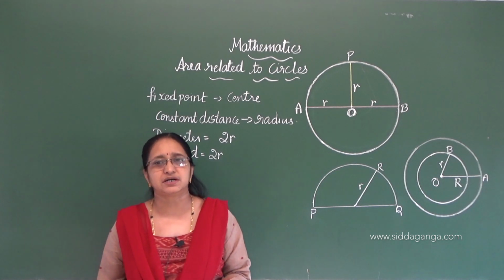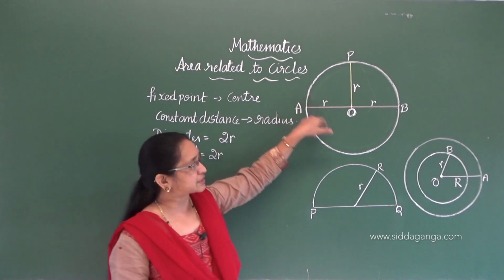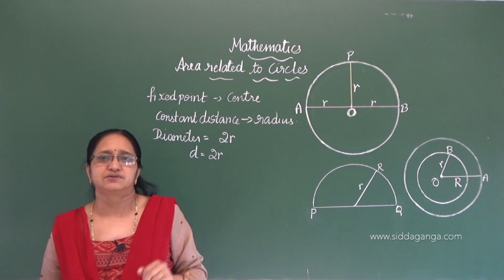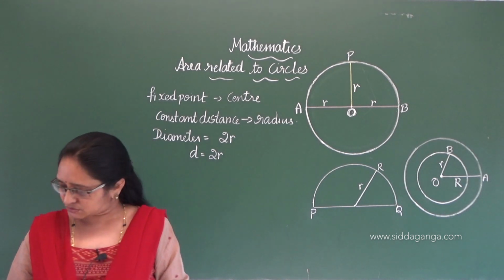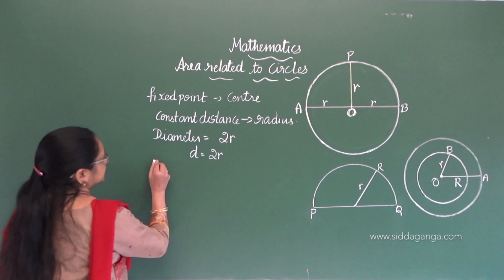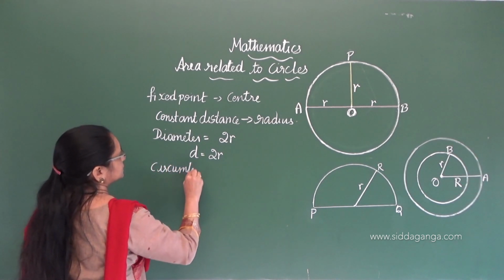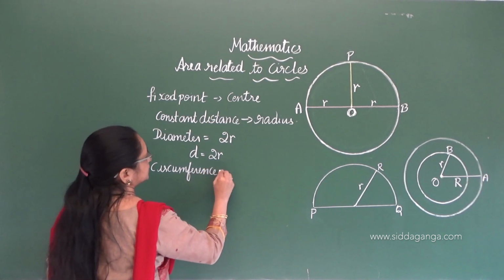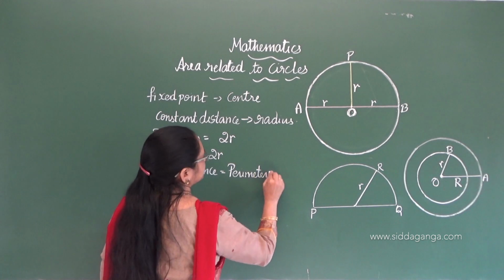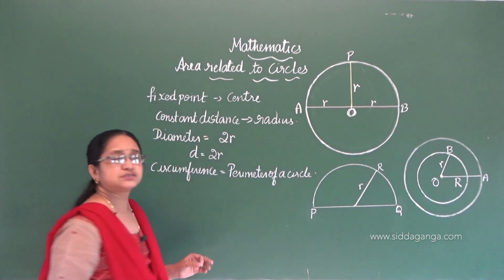The perimeter in the circle we call the circumference. So circumference is nothing but the perimeter of a circle.